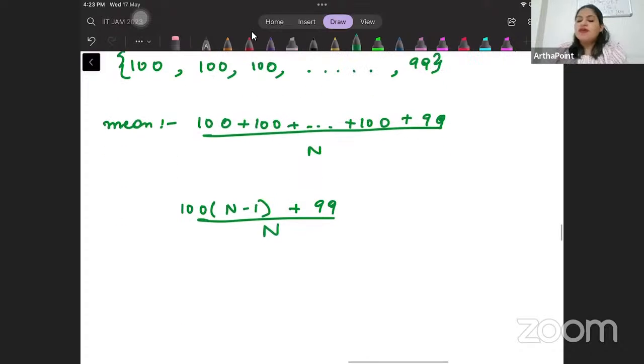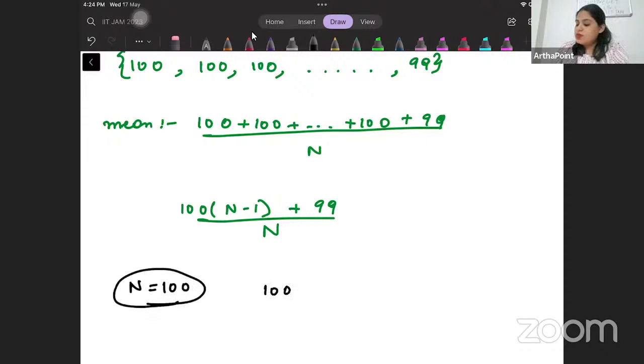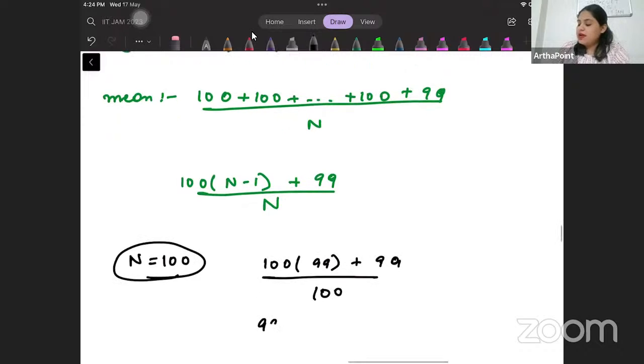Beta, to solve this, if you take some value of n, it would be easier for you to solve. Otherwise, it may become a little difficult. If you take n as some value, let's say that there are 100 players in the game. So I know that this will be 100 into 99 plus 99 upon 100. So I know this will be 99 plus 0.99.